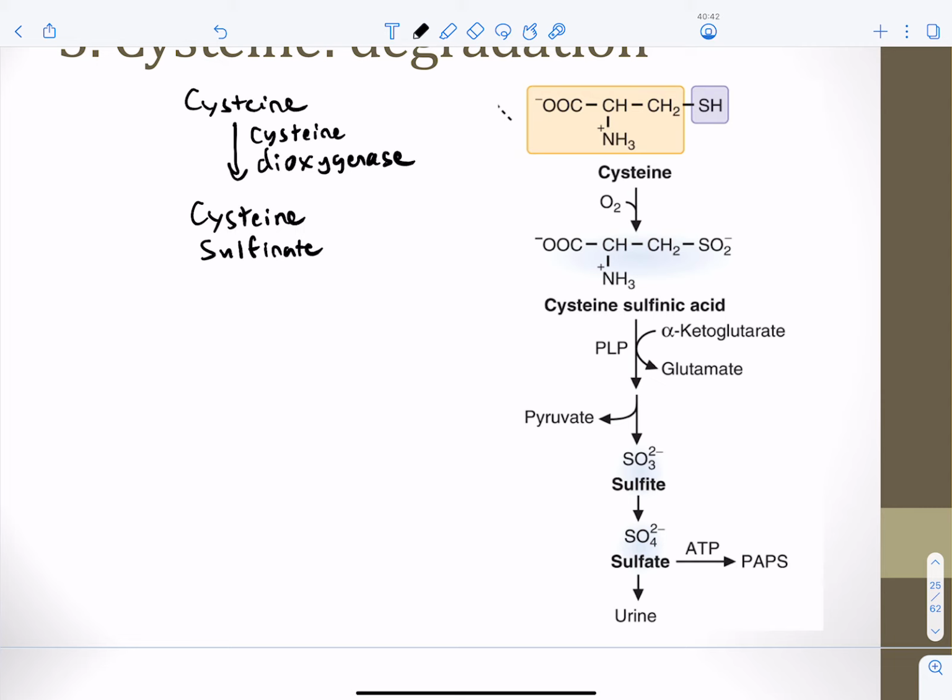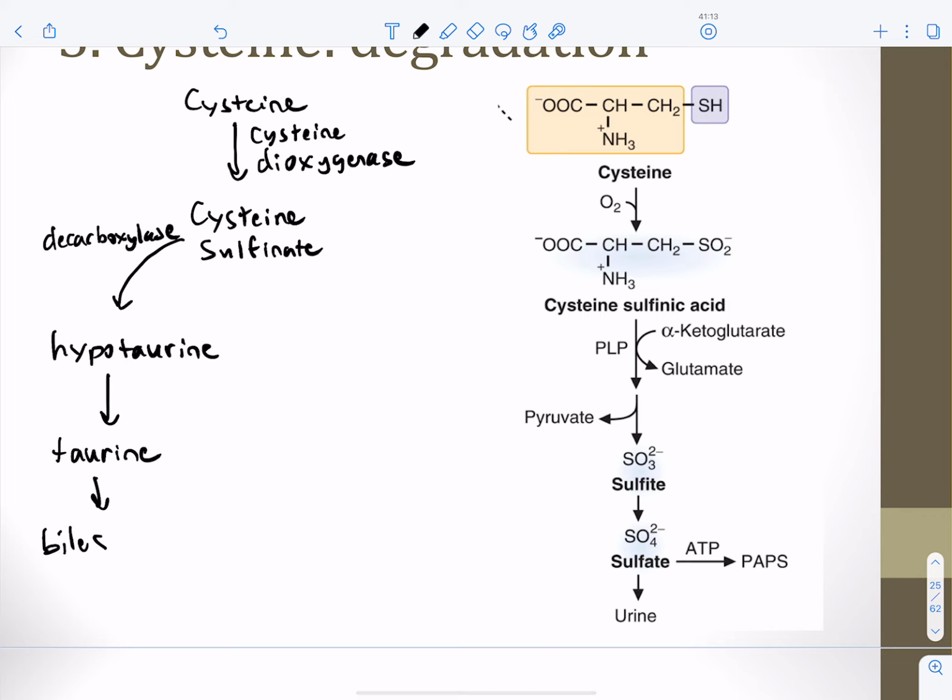Okay, and then two major things can happen here. One, you can have a decarboxylase of cysteine sulfinate. And this is going to go to hypotaurine. So this should ring a bell, hopefully. And this goes to taurine, which goes to, hopefully you guys are all saying it, bile salts. Right?